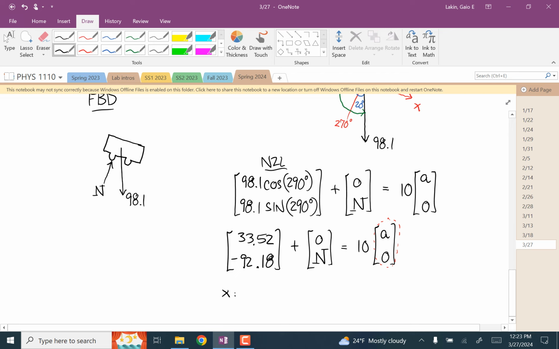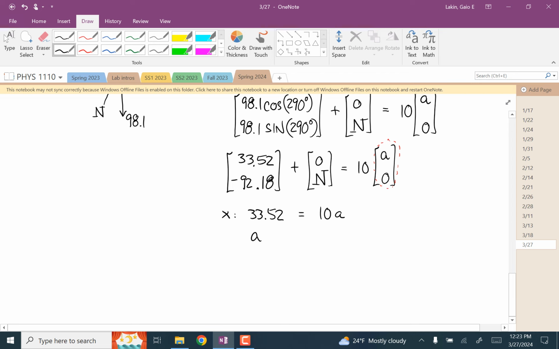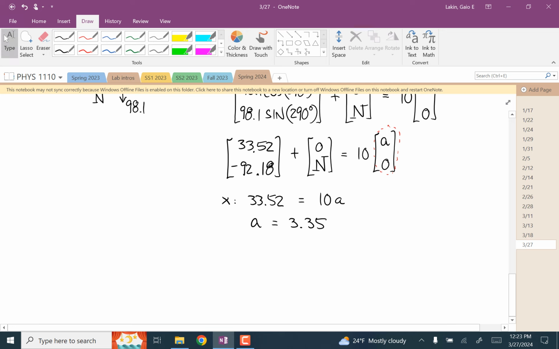So the x equation says 33.52 is equal to 10a. So a is equal to 3.35. Plug that into the acceleration vector, and you get that this acceleration vector is 3.35 for x, 0 for y.